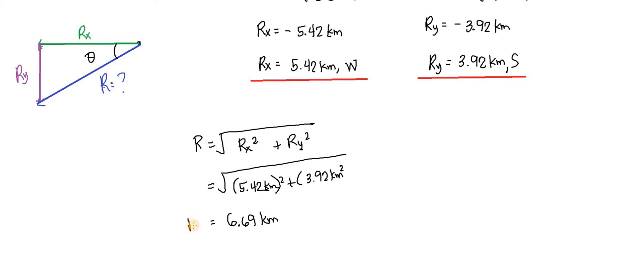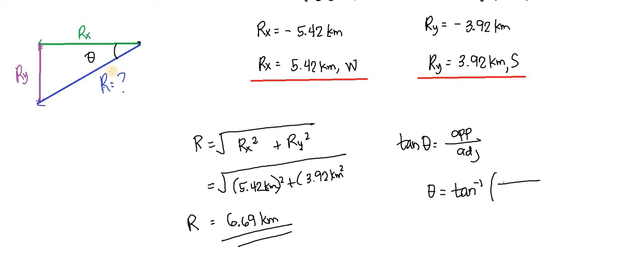So that is your R, the magnitude of R. Okay, you have to find the direction. For you to compute that, you have your theta equal to, we have here the opposite side and the adjacent side. So we'll be using the tangent theta. The tangent theta equal to the opposite side over the adjacent side. So theta is equal to the arctan, or the tangent inverse of the opposite side of the angle, here is r sub y, over r sub x.